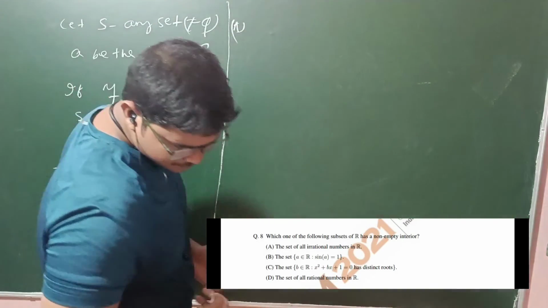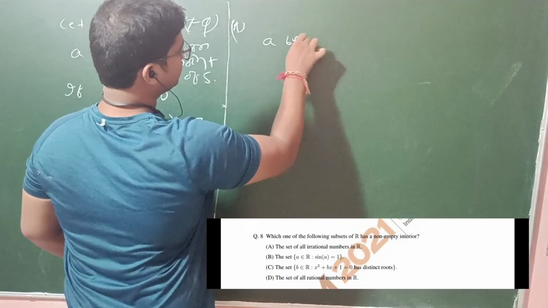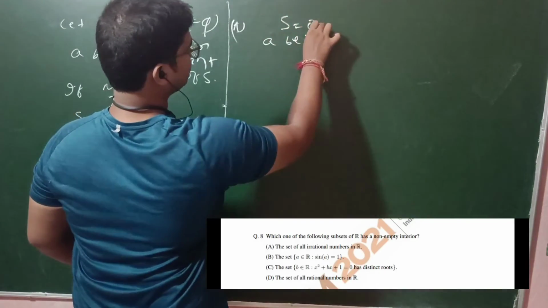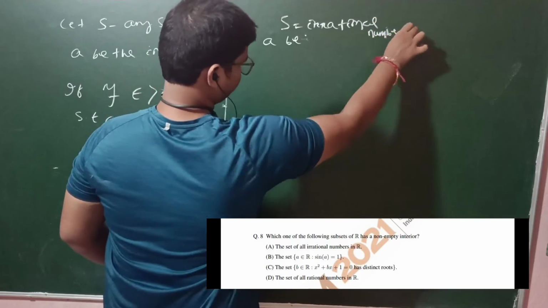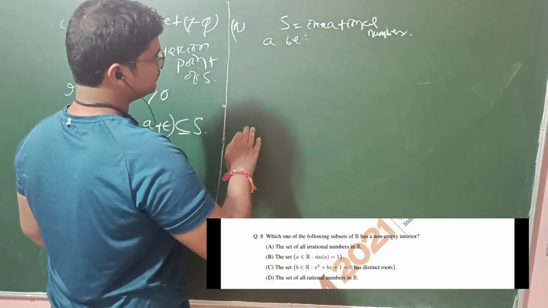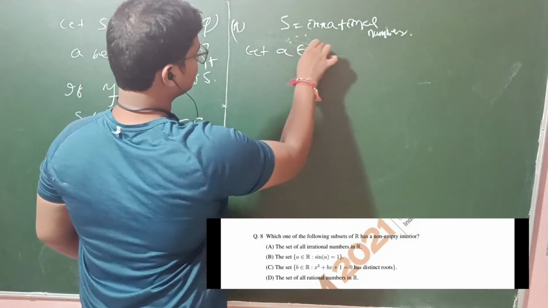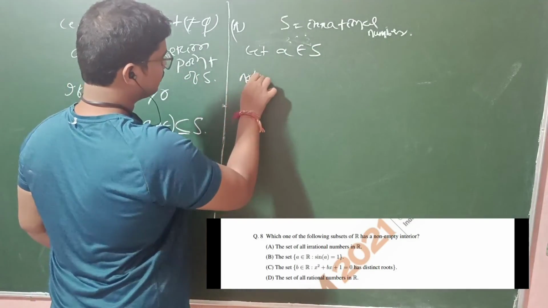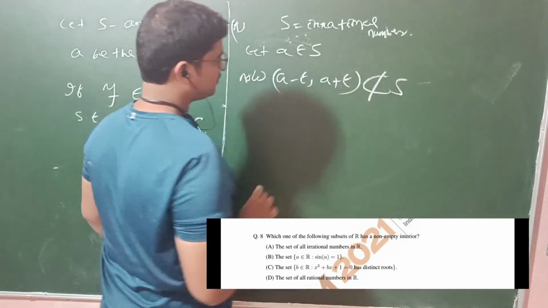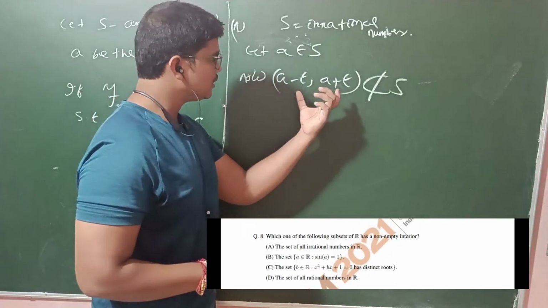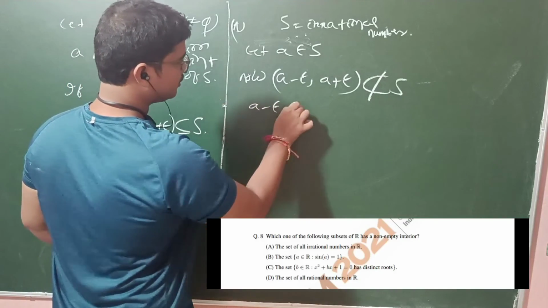Now option A, given that the set of all irrational numbers, let A belong to S. Then (A minus epsilon, A plus epsilon) is not contained in S because in between this interval there are a lot of rational numbers also.